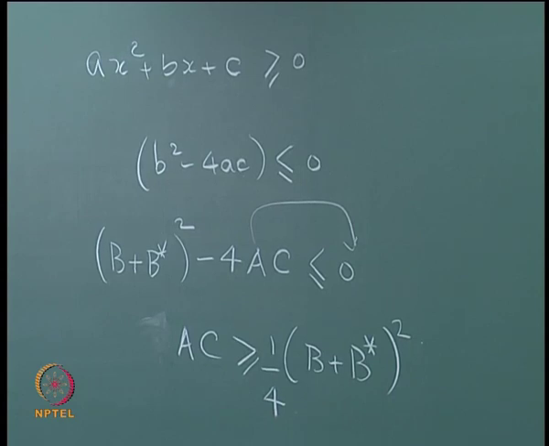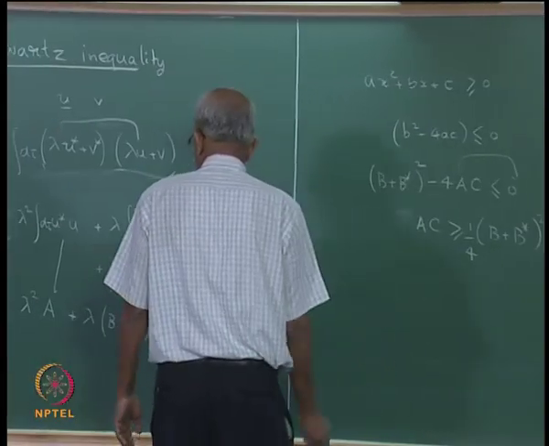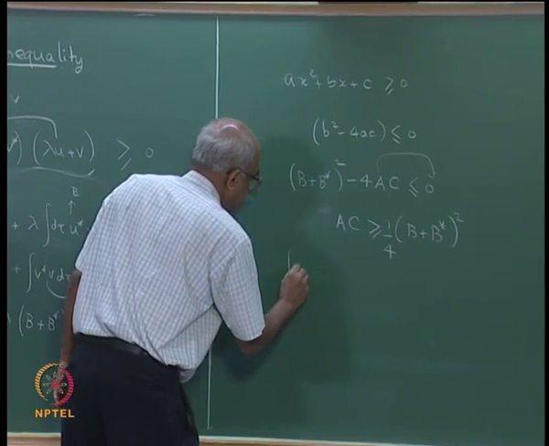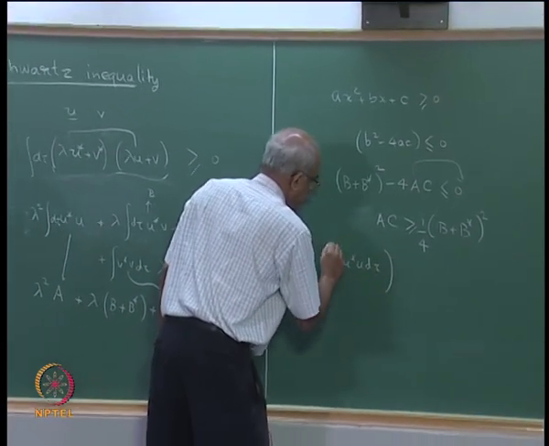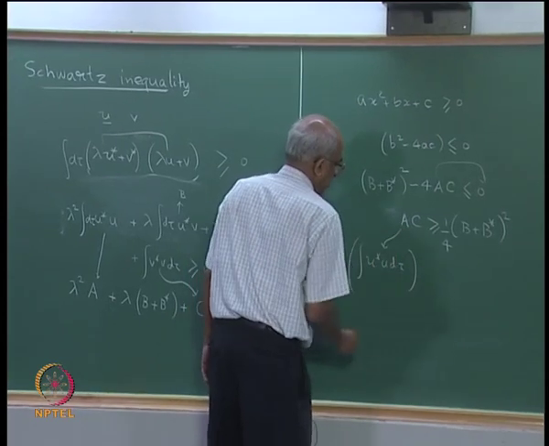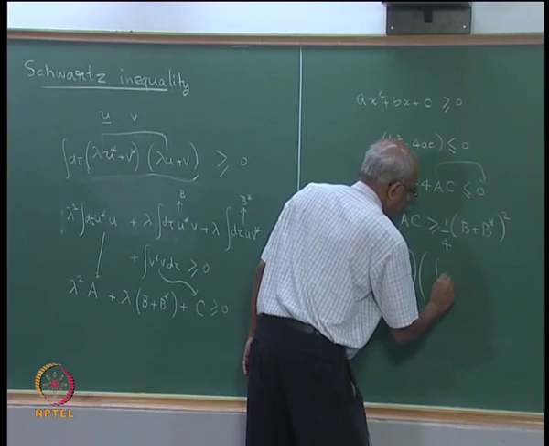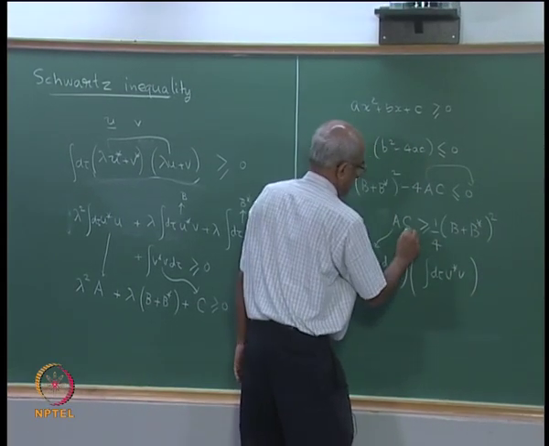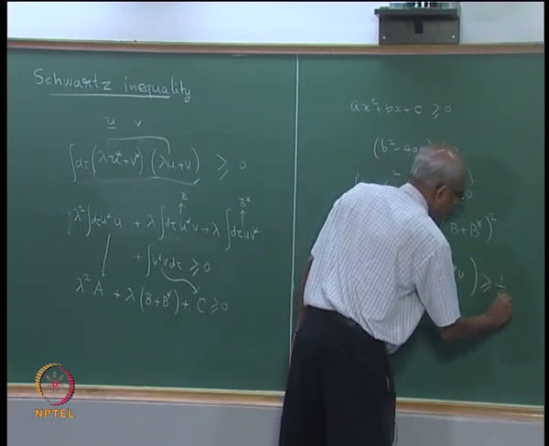But now let me put back the definitions of A, C and B. What is A? A is actually integral u star u d tau, this is A. C is integral d tau v star v, that is C, is greater than or equal to 1 by 4.